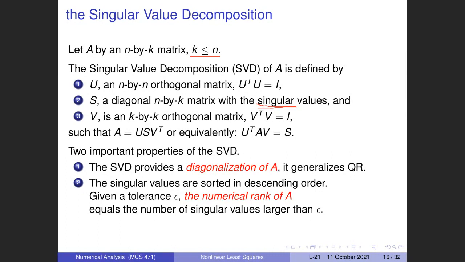The two utmost important properties of the singular value decomposition are that it generalizes the QR decomposition. It gives more information. The QR decomposition, as you can see with a picture, reduces the matrix to an upper triangular matrix, and upper triangular matrices we can solve very well. So the QR factorization does this. The singular value decomposition provides a diagonalization of the matrix.